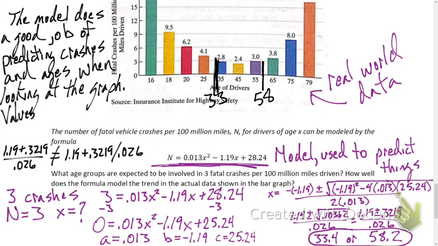Values, or let's say ages, because that's what we're talking about. Ages are very close. For n equals 3.